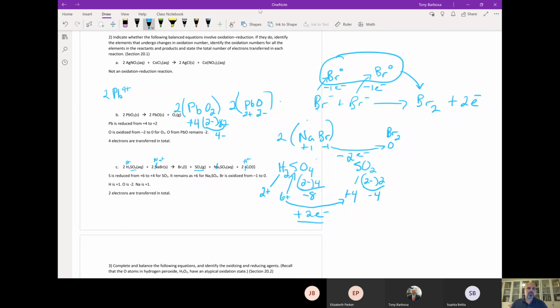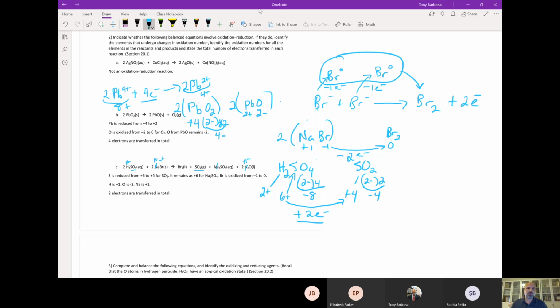We have 2 of them, and in order to go to a 2+, we have to gain 4 electrons, right, to make 2 lead as a 2+. Because overall on this side, we have an overall 8+ charge, and we have an overall 4+ charge there. So to balance both sides, we need to gain 4 electrons.